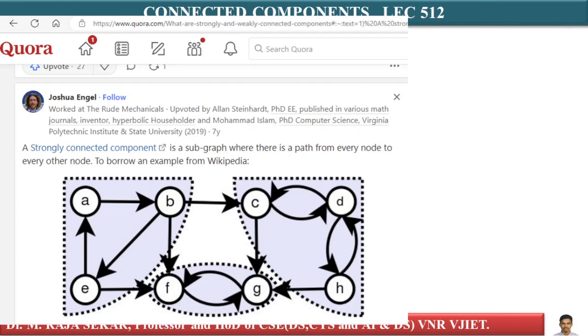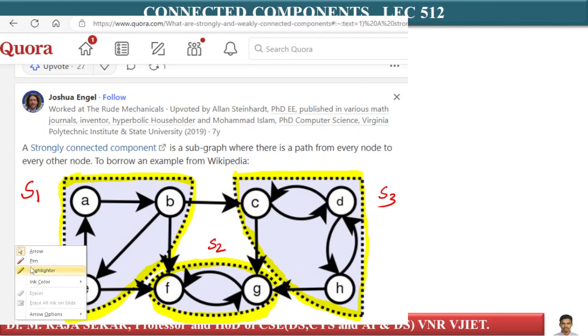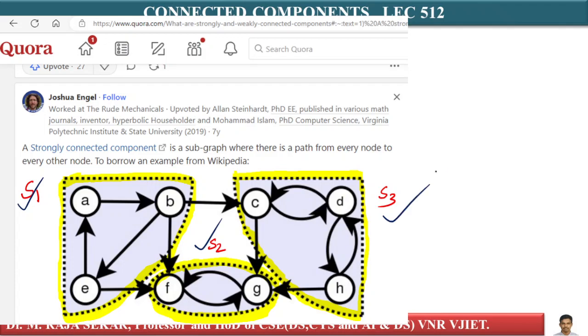We have the vertices A, B, C, D, E, F, G, H. This is one subset of vertices S1, this is another subset S2, and S3 is another subset.